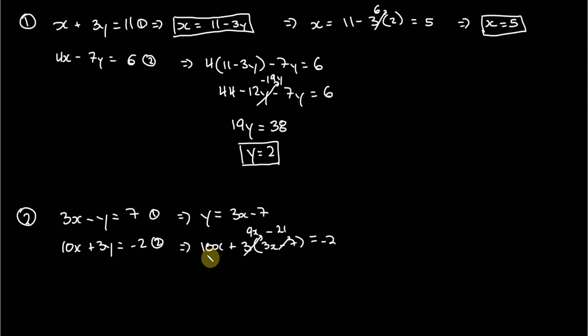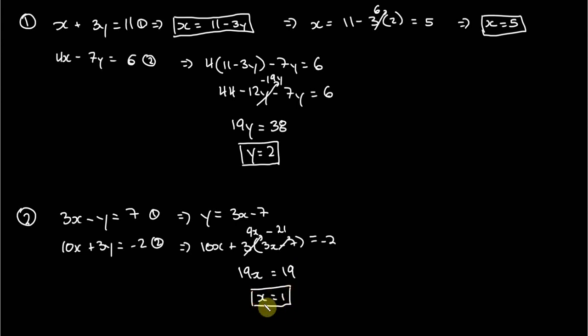So what we end up with is 10x plus 9x is going to be 19x, and I'll just write it down here, 19x. And we can add 21 to both sides, in which case 19x is going to equal 19, and then you just divide by 19, and we are going to end up with x equals 1.